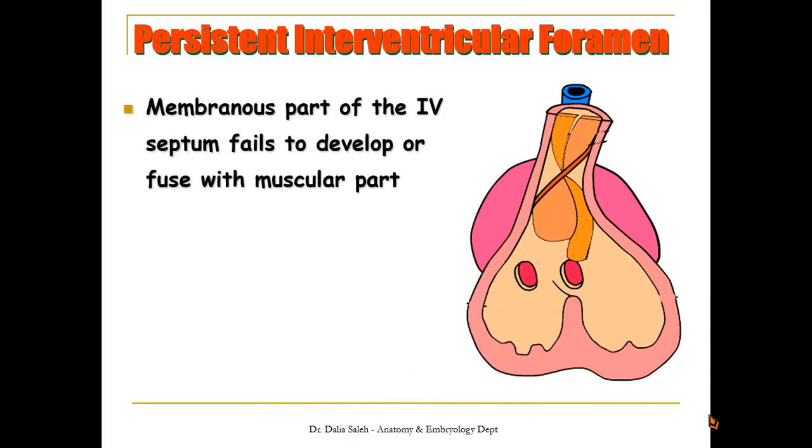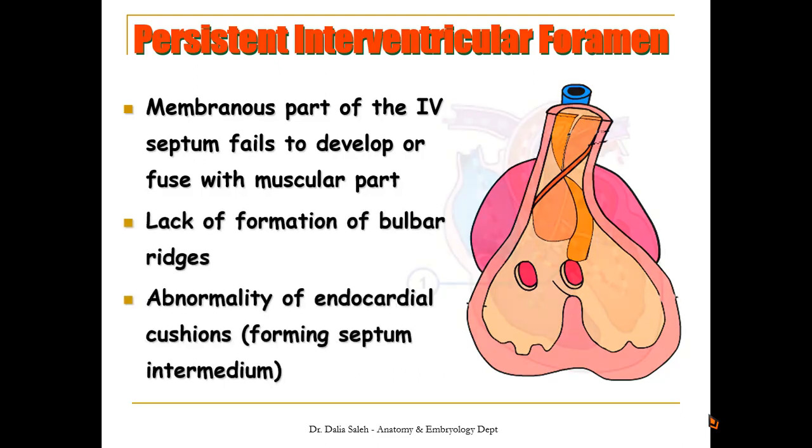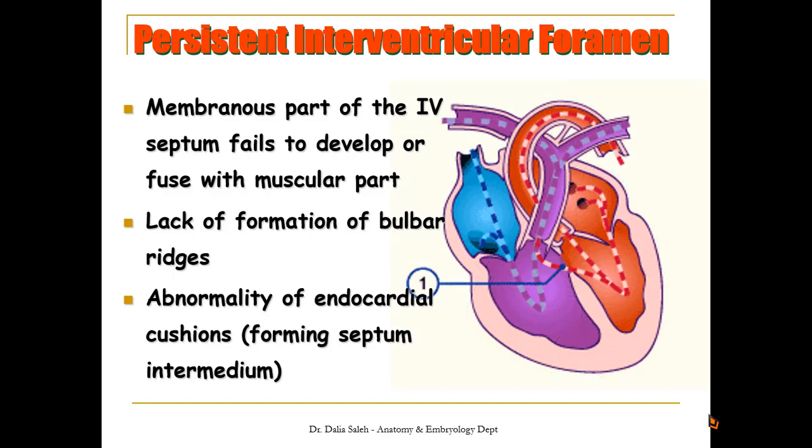If the membranous part of the interventricular septum fails to develop or fails to fuse with the muscular part of the interventricular septum, we will end up with persistent interventricular foramen. And this results from either lack of formation of the bulbar ridges or abnormality of the endocardial cushions that divide the AV canal. So you can see in this animation how the blood flows through this defect in the membranous part of the interventricular septum.